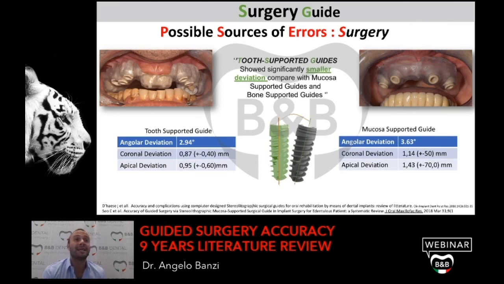As you can see from the table, the angular deviation of the tooth supported guide is lower compared to the angular deviation of the mucosa supported guide. Why? Because of the teeth. Teeth are the best pillar, the best fixation system that you can work with in this system.